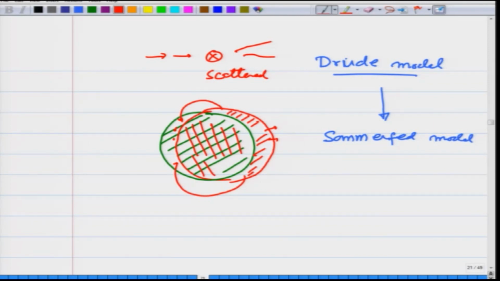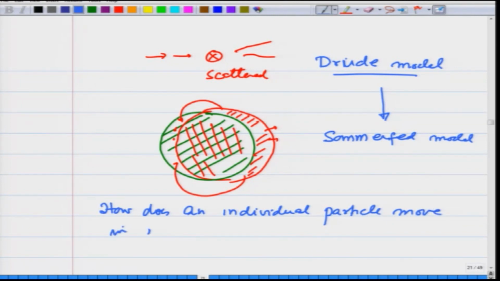In this lecture, I am not concerned with this collective conductivity. Instead, what I am asking is how does an individual particle move in a band, and this will give some new concepts.